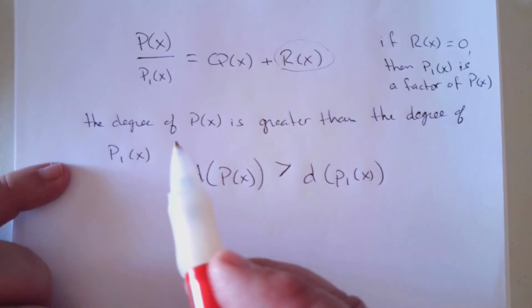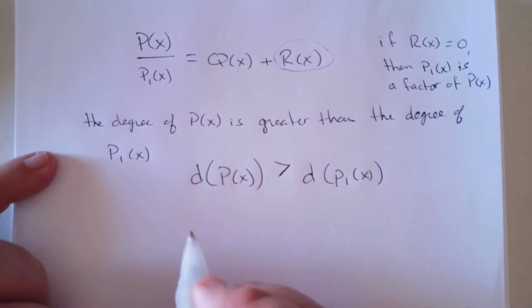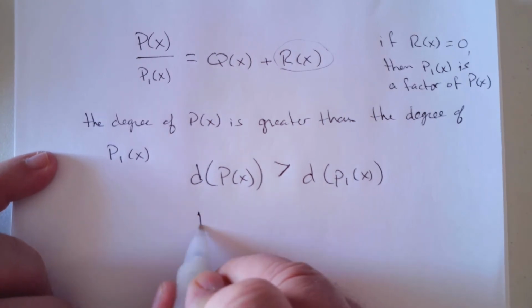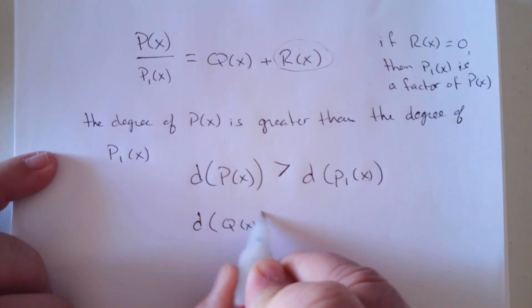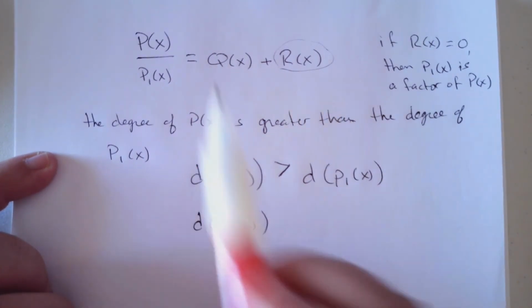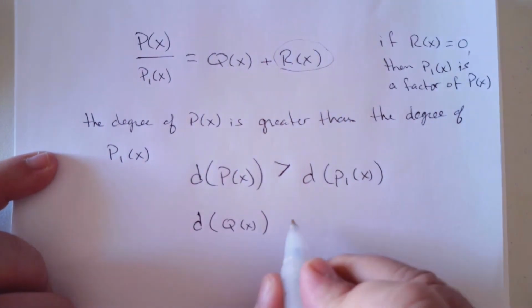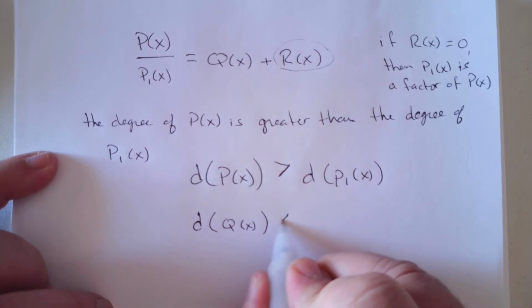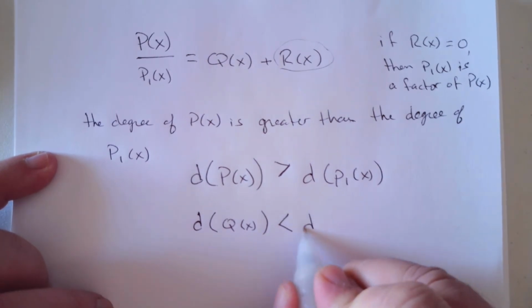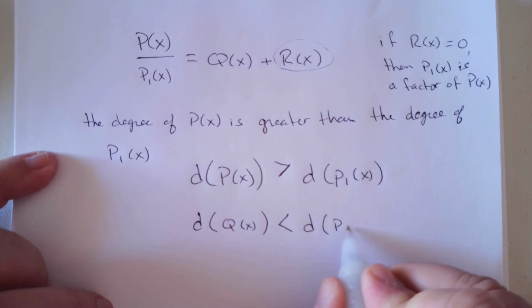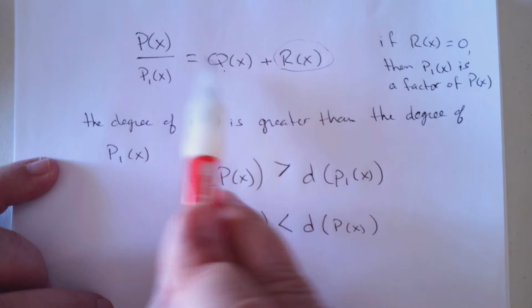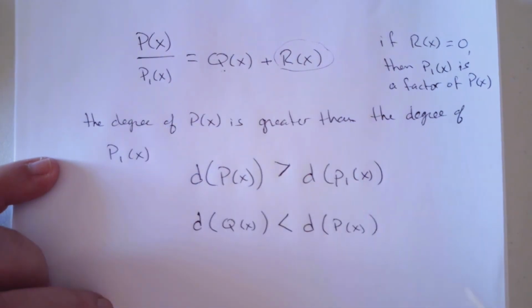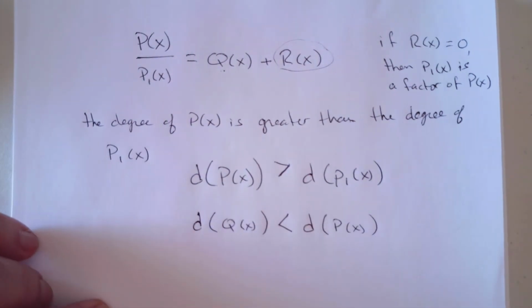Now, also, the degree of the quotient part is always less than the degree of the main polynomial. So the degree of this one has to be less than that one. That's a must.